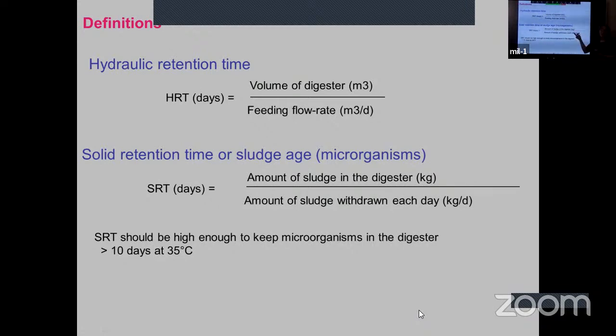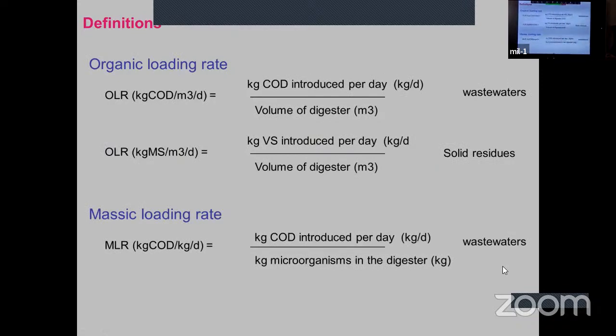The solid retention time, so the retention time of the microorganisms, should be high enough to keep the microorganisms in the digester, and for a mesophilic process, it should be higher than 10 days. The organic loading rate will be calculated by the amount of COD introduced in the reactor every day, divided by the volume of the digester.